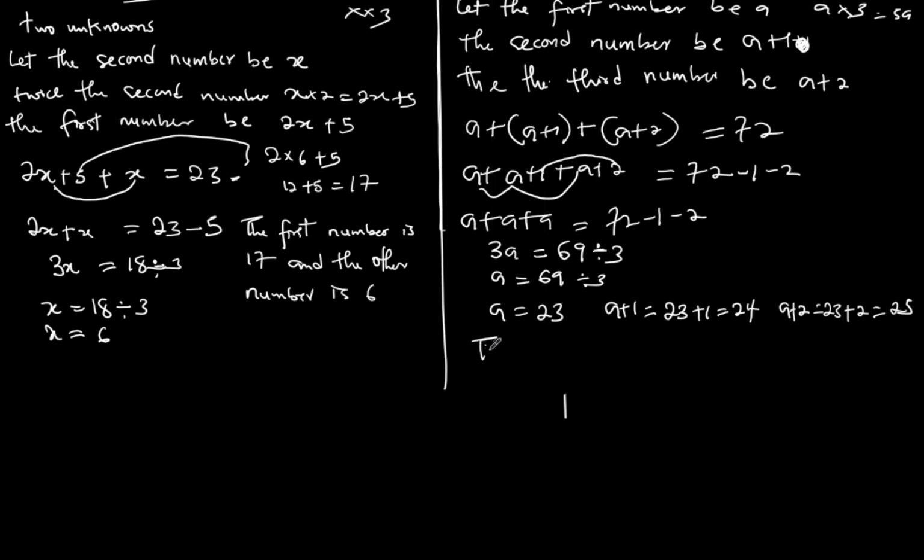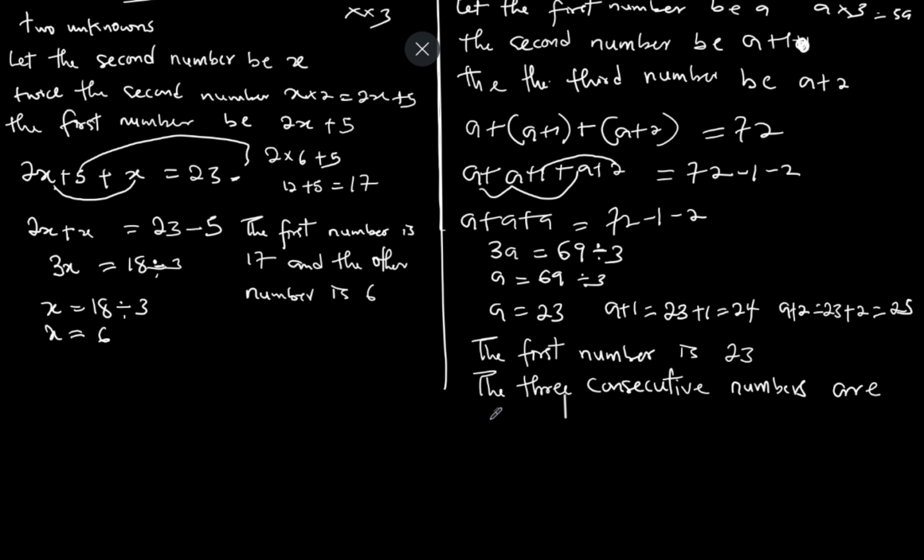We say the first number is 23, or we could say the 3 consecutive numbers are 23, 24, and 25.